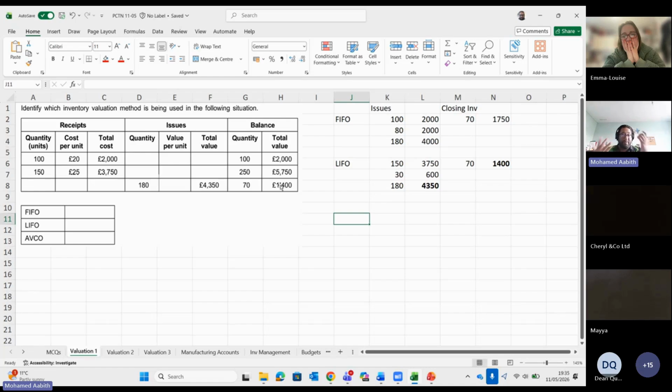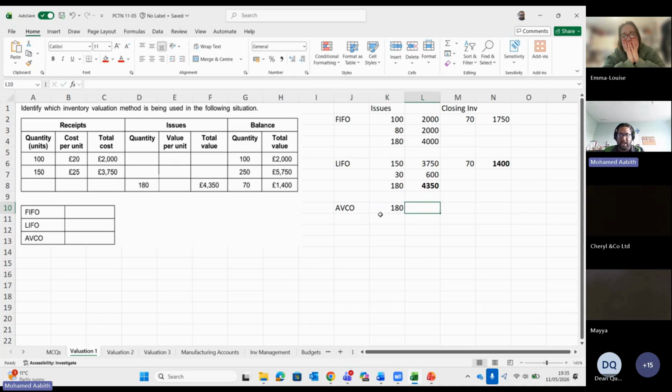In case you want to know about AVCO, let's quickly look at AVCO. If I'm doing AVCO, all I need to do is find 180 items at the average of all of that. So we need to find the average cost of each item.